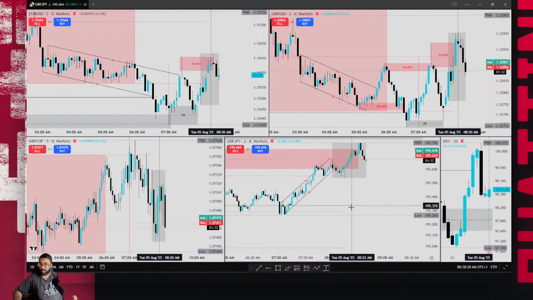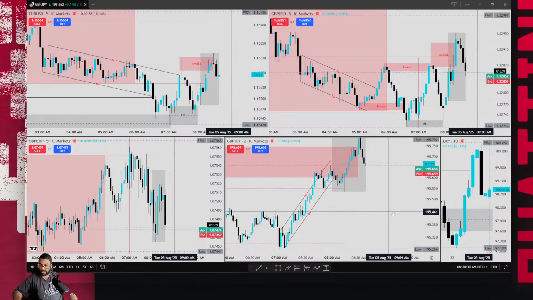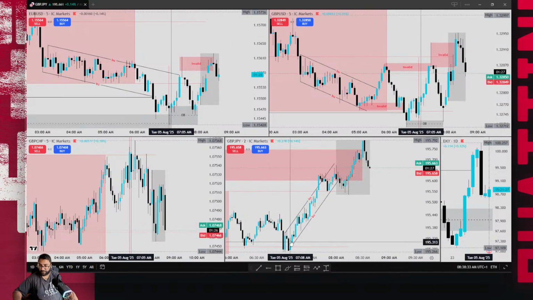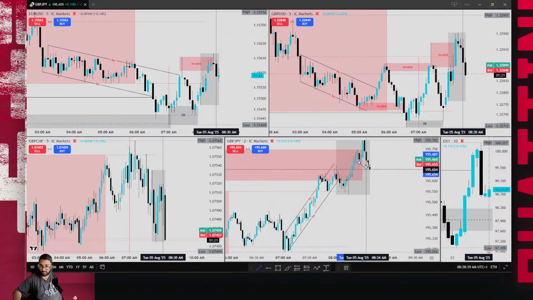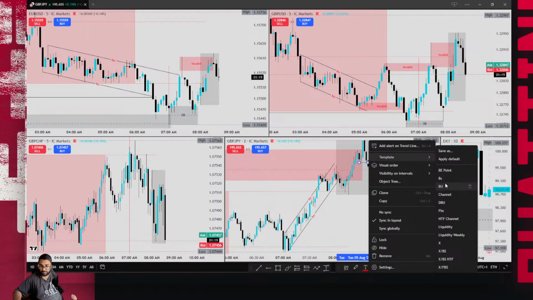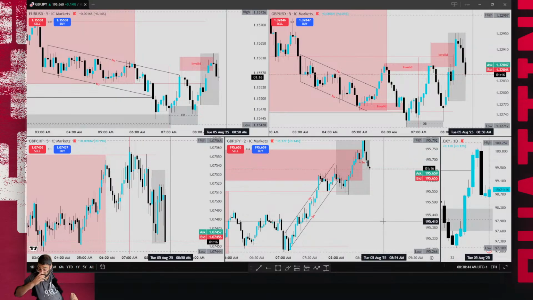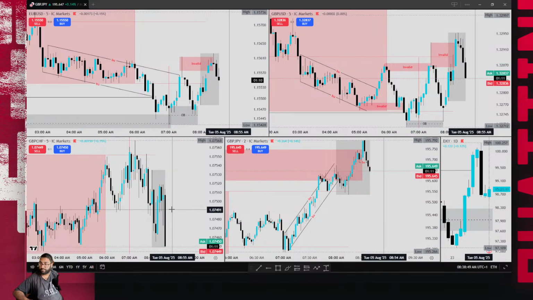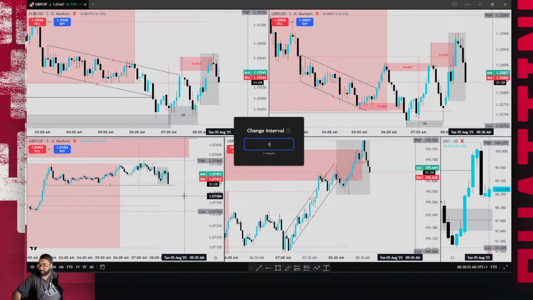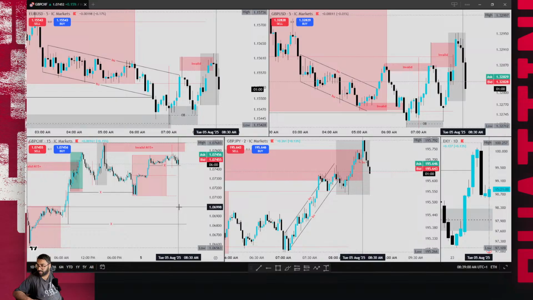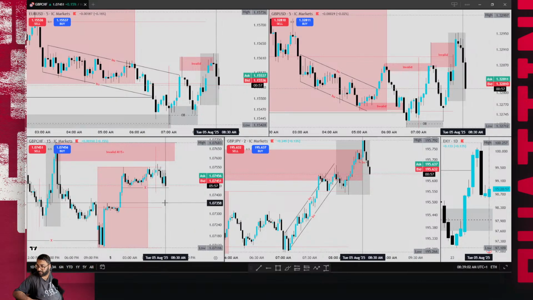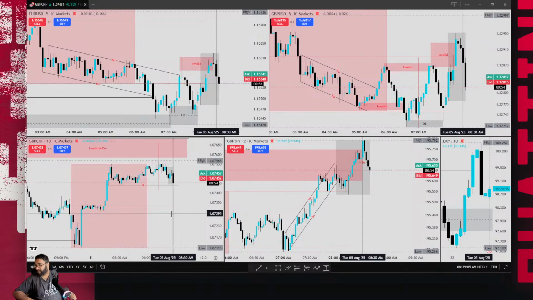I'm just gonna have to keep an eye on GJ in case it gives shorts. GBPCHF, I'll be honest, I'm not bothered about that. I need it to give me my zone. If it gives me my zone here, then I'm more interested in it.